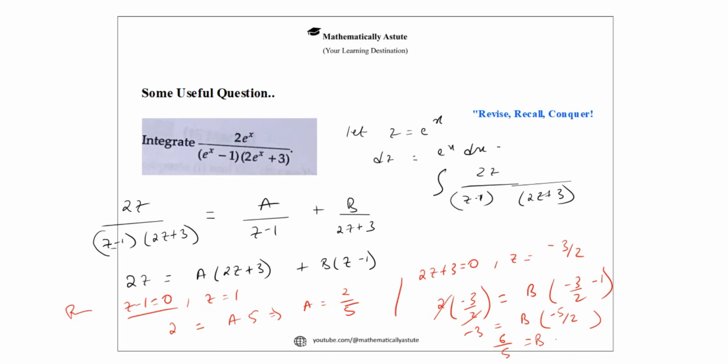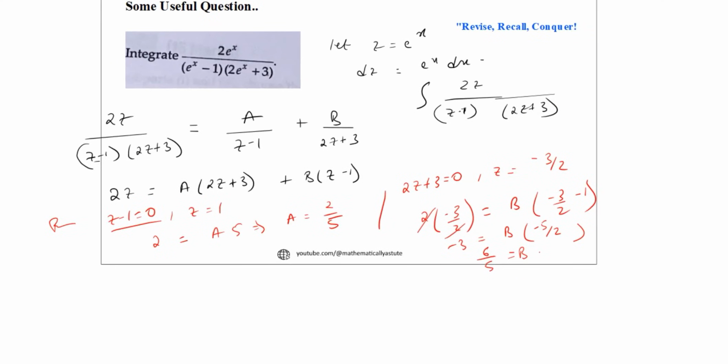Okay, so on replacing these, we will get our required answer. We convert it into 2 by 5 times the integral of 1 by (z minus 1) plus 6 by 5, obviously dz, times the integral of 1 by (2z plus 3).